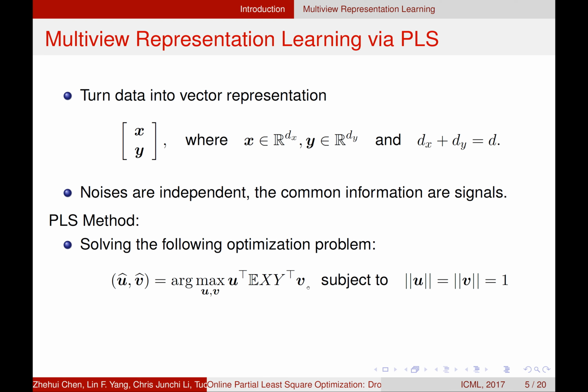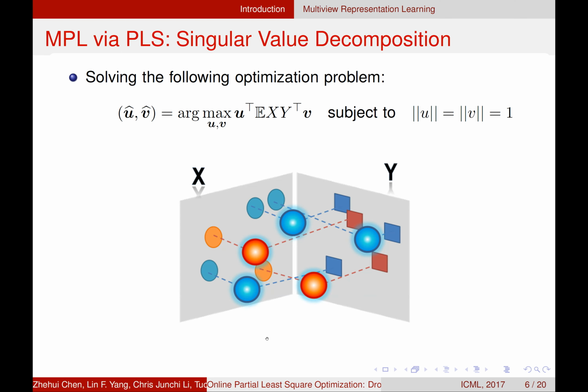You can think of it as finding the subspace that maximizes the covariance between the two random variables. You project x onto u and project y onto v. That's the PLS method. Of course, you can think of it as just a singular value decomposition.